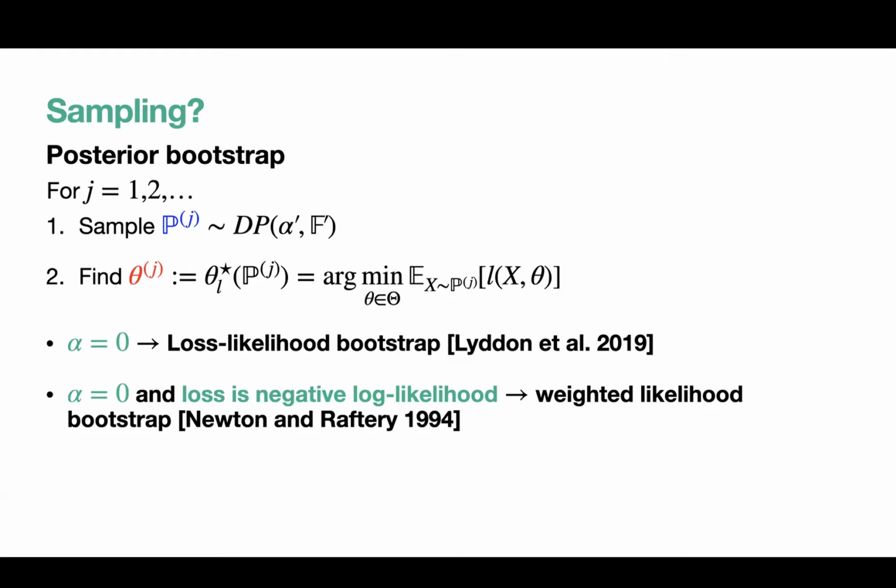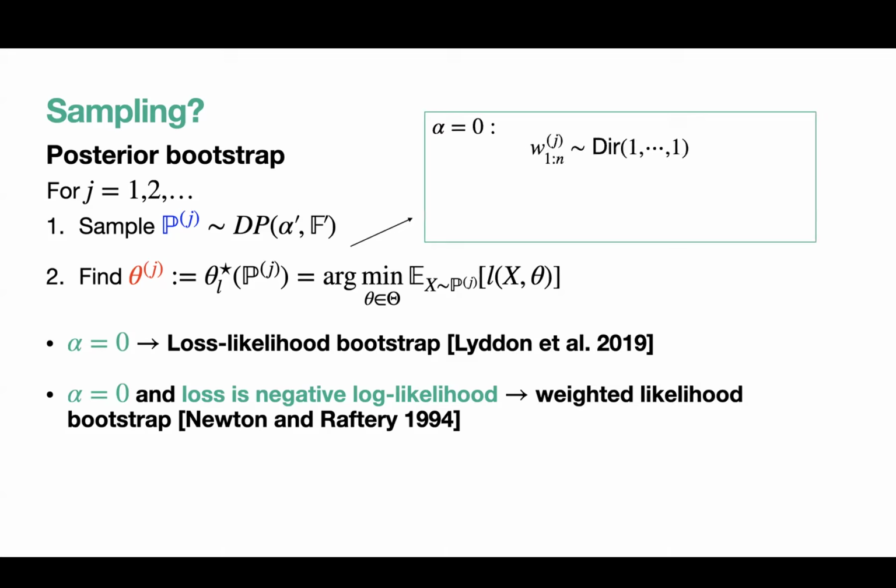So essentially, if I have alpha equals 0 and I make an approximation of this DP sampling, because of course I can't really sample from this Dirichlet process exactly, if I use the Dirichlet weight approximation of the DP, I basically get my first step amounting to sampling Dirichlet weights with parameters 1.